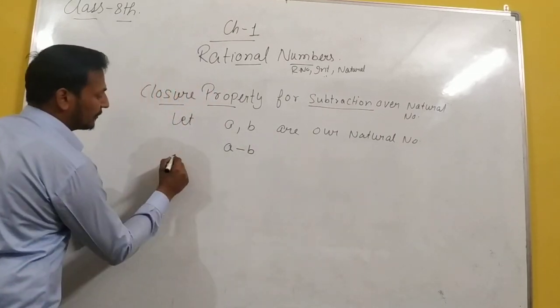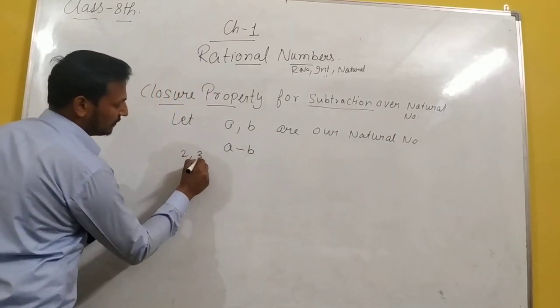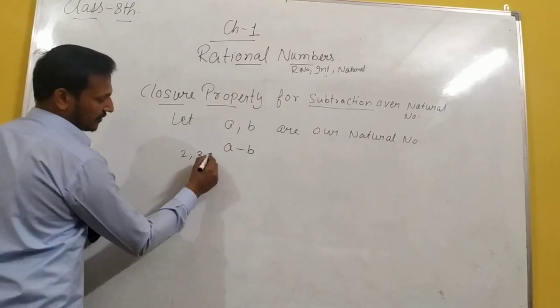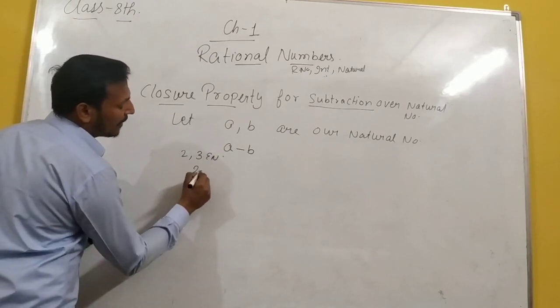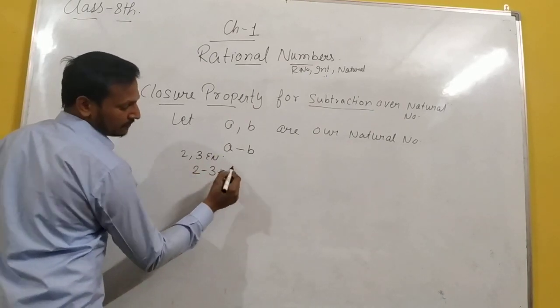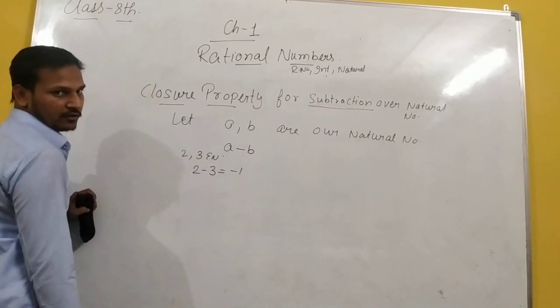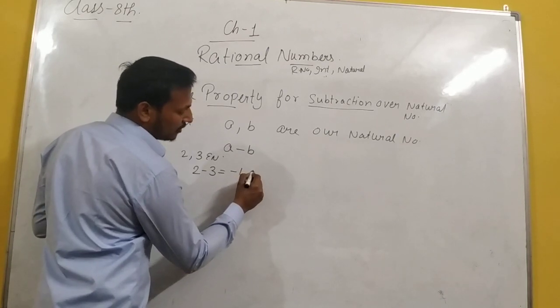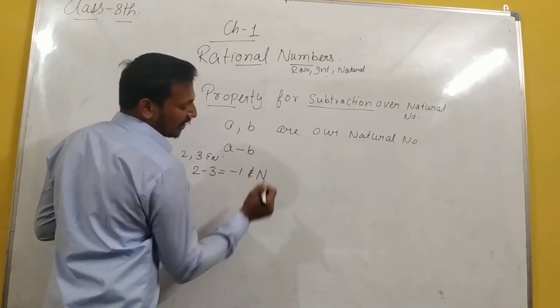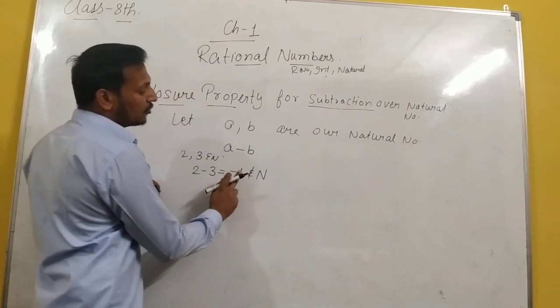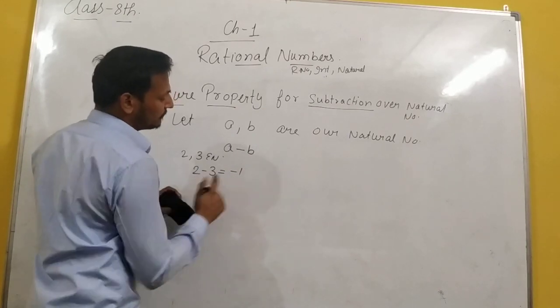You can take an example like 2 and 3. These are natural numbers. Now 2 minus 3 will be minus 1, and minus 1 does not belong to the natural numbers.